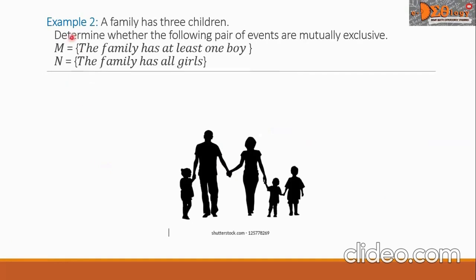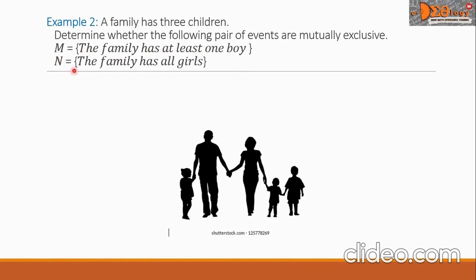Let us have example 2. A family has 3 children. Determine whether the following pair of events are mutually exclusive. Event M, the family has at least 1 boy.